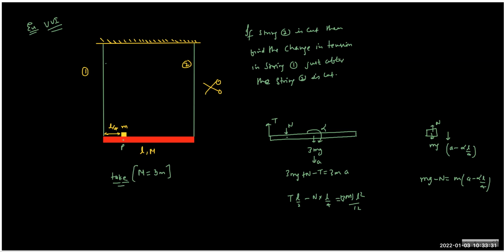Alpha is equal to 3 by 2 G by L, and ACM is 3 by 4 G. A is how much? Center of mass is 3 by 4 G. Alpha is 3 by 2 G by L.